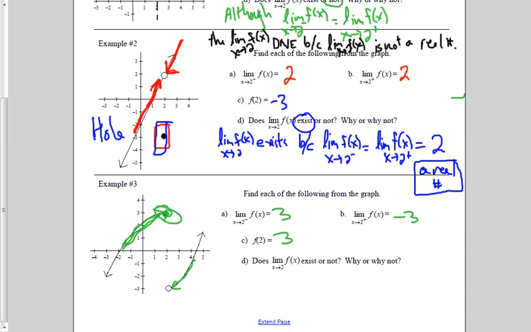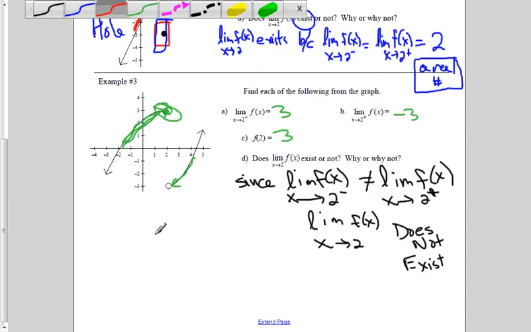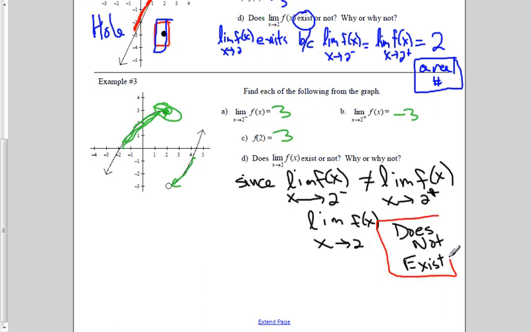Now they ask, does the limit of the function exist or not? Why or why not? What we see here is that since the limit of the function as x approaches 2 from the left does not equal the limit as x approaches 2 from the right, therefore the two-sided limit, the limit of f of x as x approaches 2, does not exist.